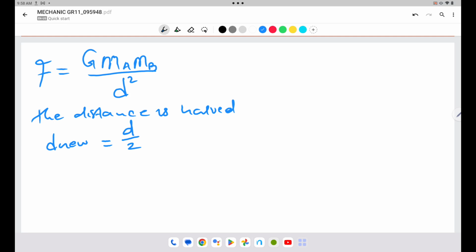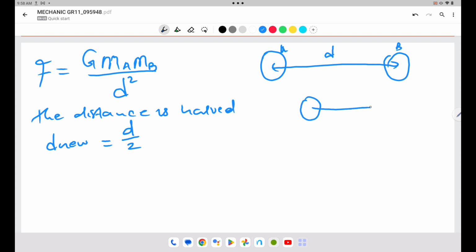Think of it this way: we had object A and object B. The distance between their centers was d, and then it was reduced. It was halved, now it is d over 2.